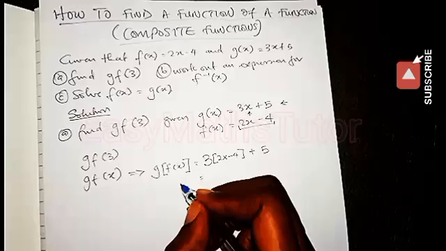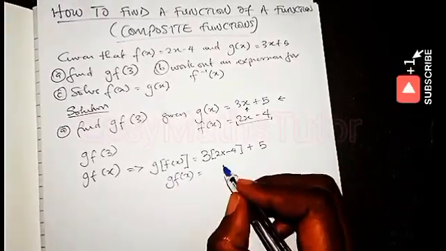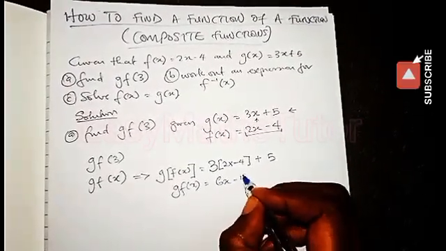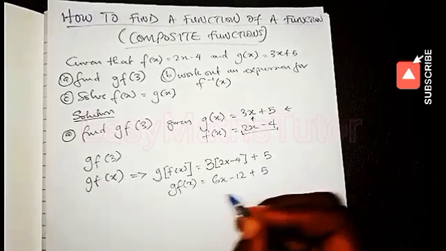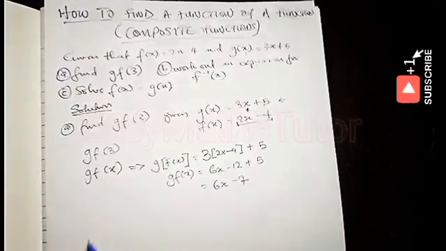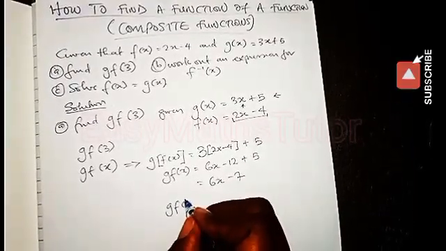Okay, so we'll simplify this. Let us write g f of x. Simplifying gives us 6x minus 12 plus 5, equal to 6x minus 7. So now we're also told to find g f of 3.